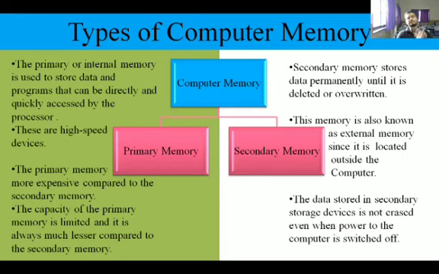So what is this primary memory? And are primary memory and secondary memory saving data differently? No, both of them are saving data in the same way, like 0 and 1 only. Then what is the difference? The difference is that primary or main memory is also known as internal memory because it is near the processor.